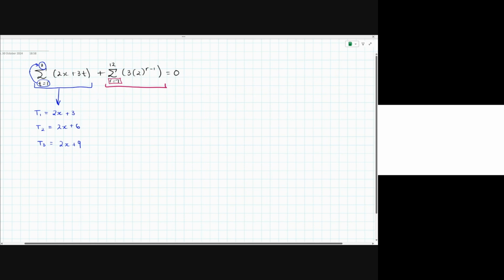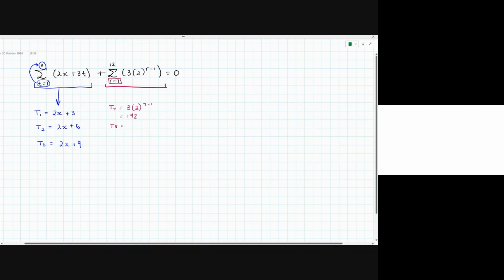Okay, here we go. All right, so we do the same thing, but now we're starting from 7. So term 7 would be equal to 3 times 2 to the power 7 minus 1, which is 192.